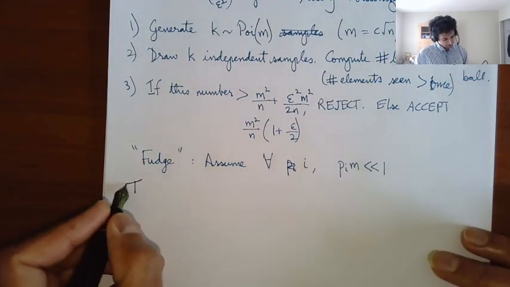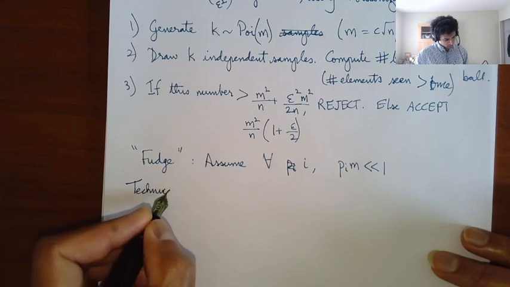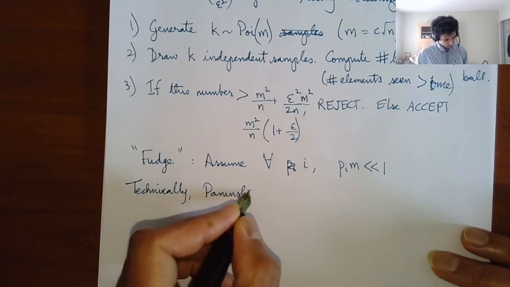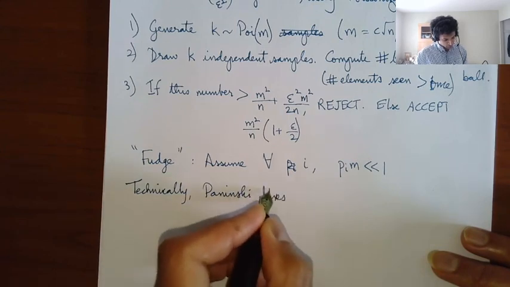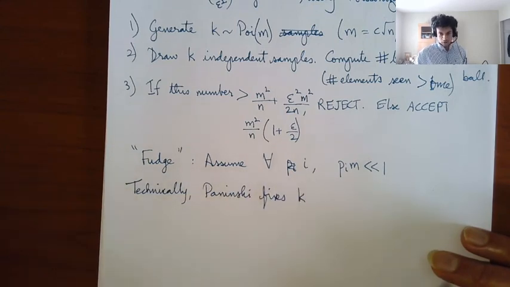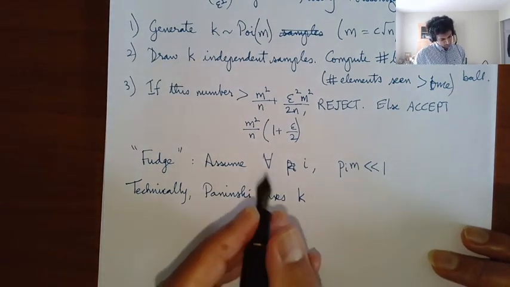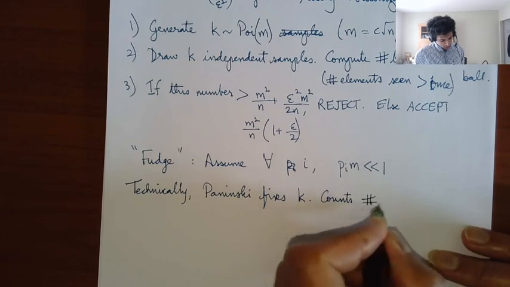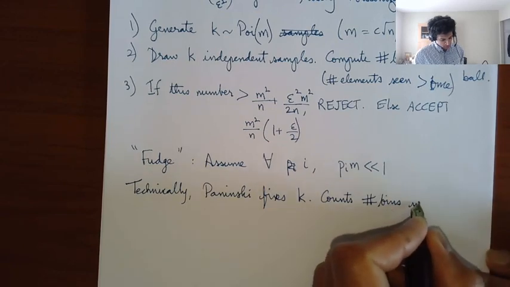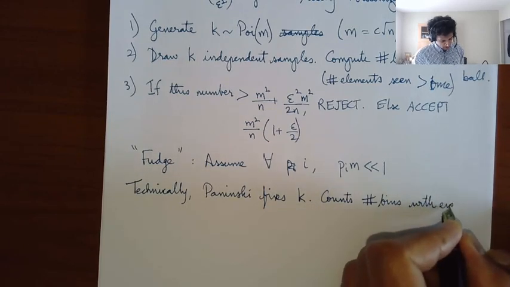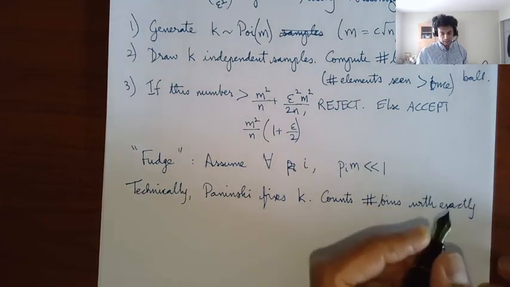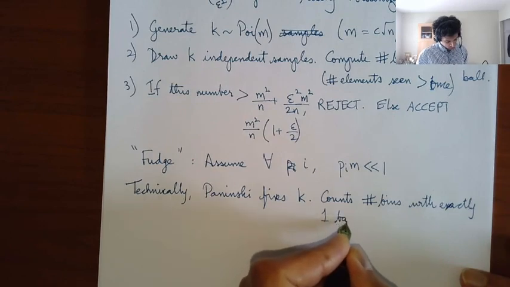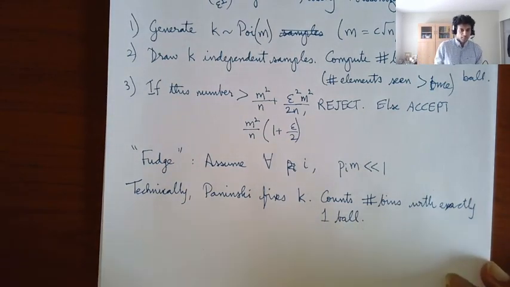And technically, Paninsky fixes k. He doesn't draw it from a Poisson. He fixes k and he counts the number of bins with exactly one ball.